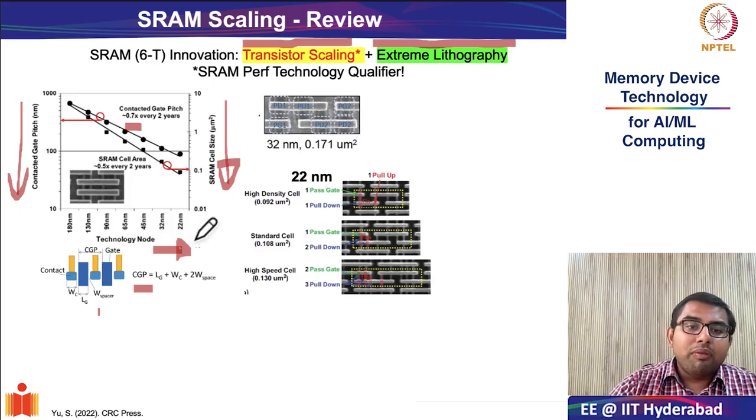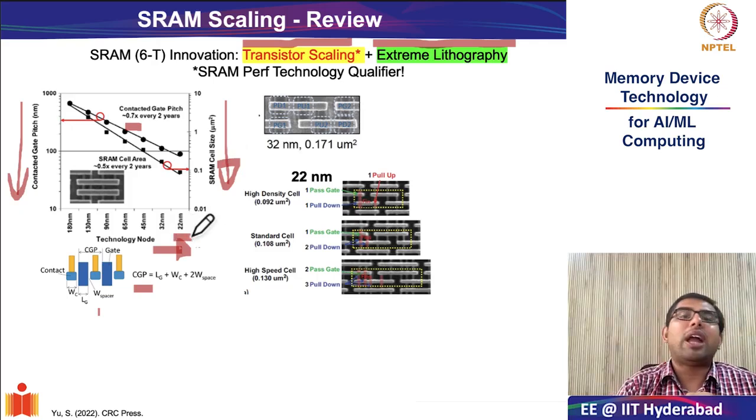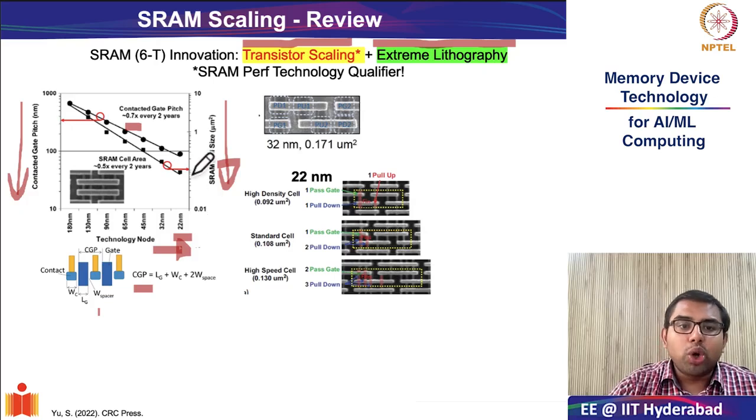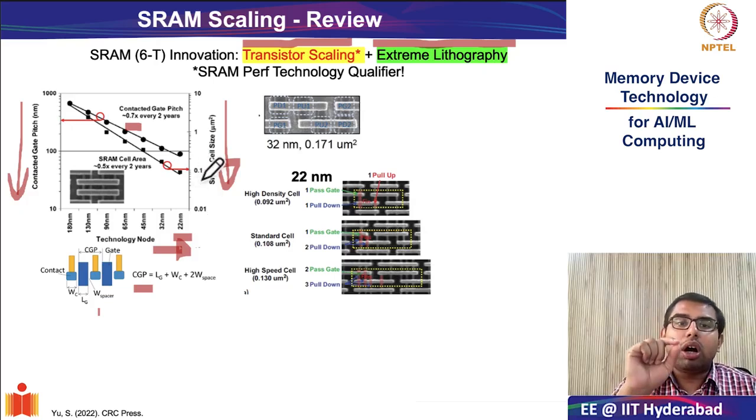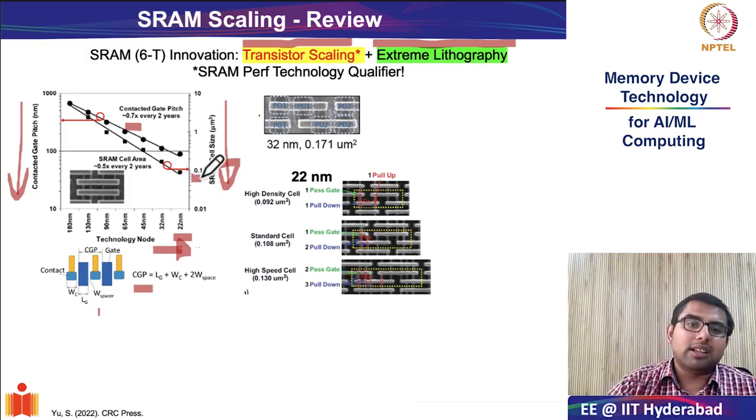However, with the advent of the 22 nanometer technology, two tectonic shifts happened in SRAM technology. The first thing you might notice is, for the first time, the size of the SRAM cell went below 0.1 micrometer square.